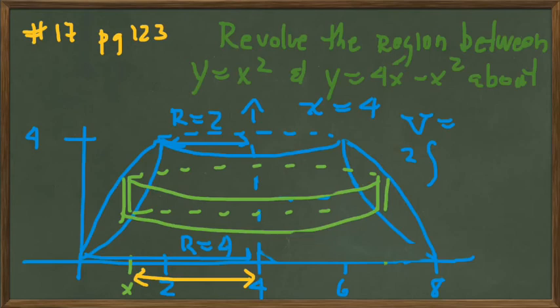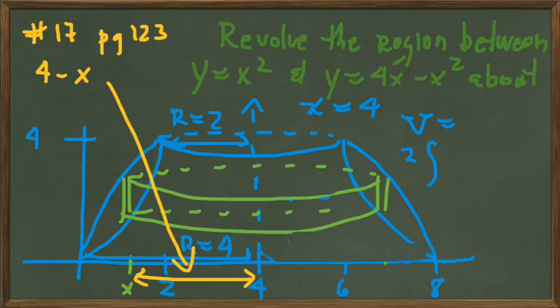So the radius is designated by that horizontal arrow, and to calculate that distance we need to subtract x from 4, right? Because this horizontal distance is its right x value minus its left x value. So the radius is 4 minus x.